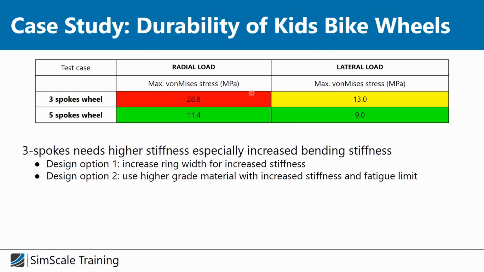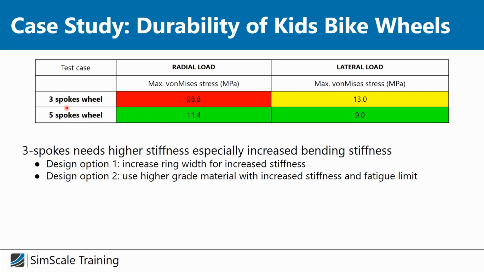In total, if we compare the two designs, the 5-spoke wheel, for both radial load and lateral load, is fulfilling our design criteria and not reaching the critical von Mises stress for a load cycle.